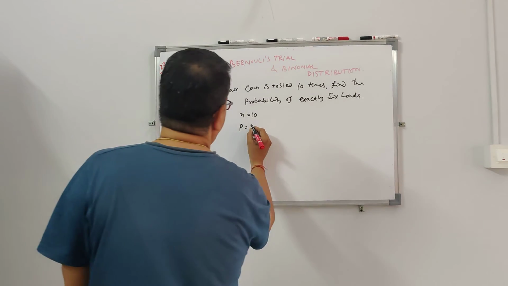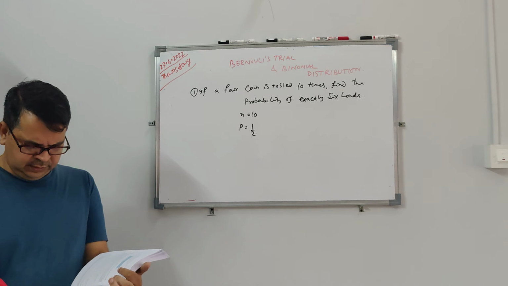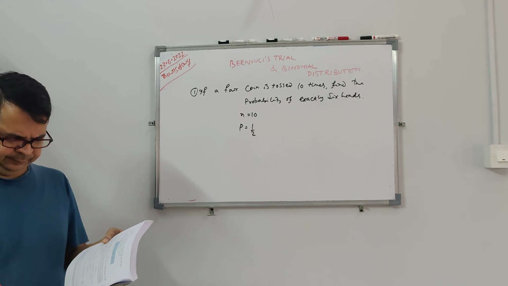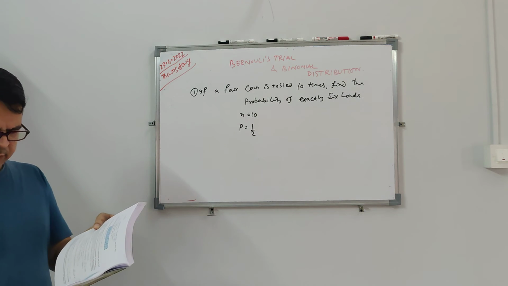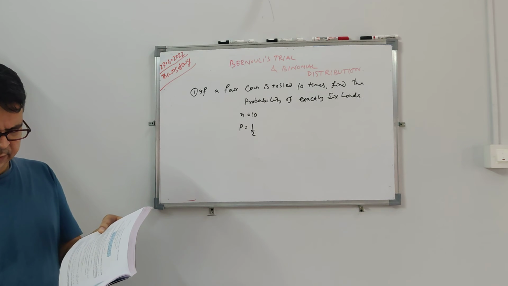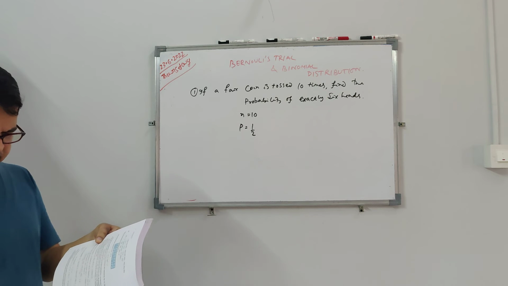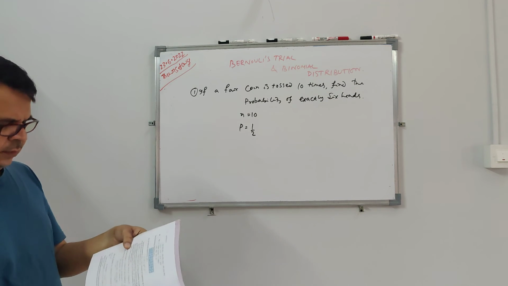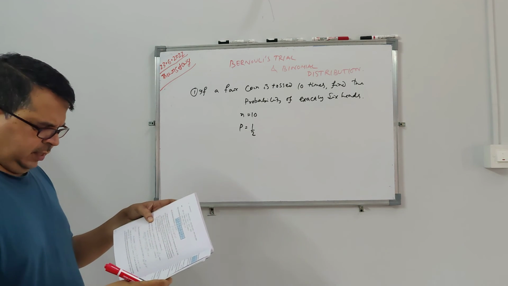So the p value is equal to half, right? Then what is the probability of getting 10 heads, okay. So it is something like this.